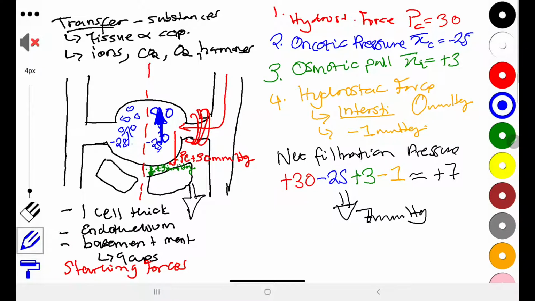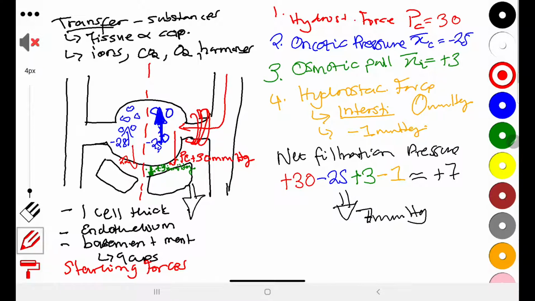Then you're going to have less water because the hydrostatic pressure has already given so much on the arterial side. As it's going this side, you'll find that there's more of a reduction going on. So the hydrostatic force or pressure has actually reduced to about 22.